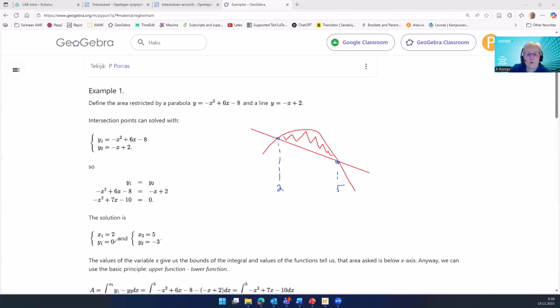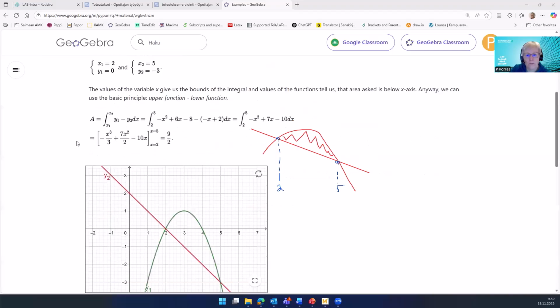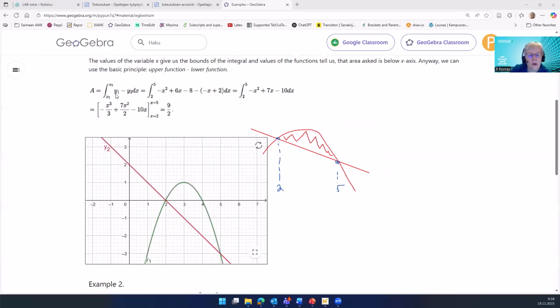Here it also solves the values of y for both of them, but actually those are not needed. What we need next is that from 2 to 5, the parabola is above the line. So when we solve the actual area, it has to be parabola minus the line from the starting point to the end point.